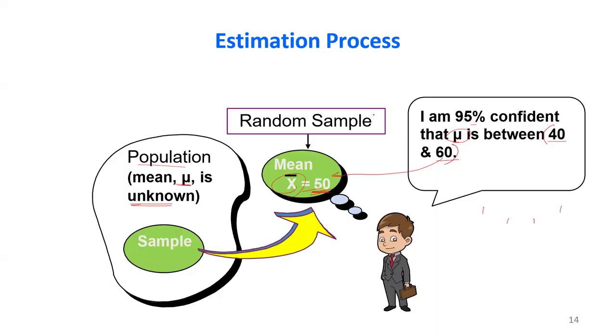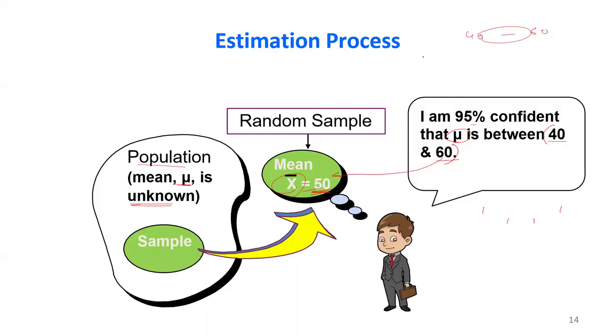That means 95% of the time the values will fall between 40 and 60. For example, I'm calculating the quality of my product and I say the quality will lie between 40 to 60. Every time I measure the product quality, 95% of the time it would fall in this range. So that means I'm 95% accurate.